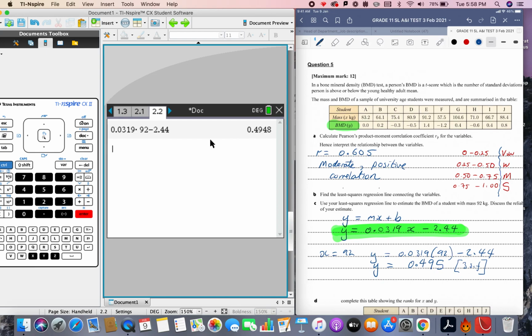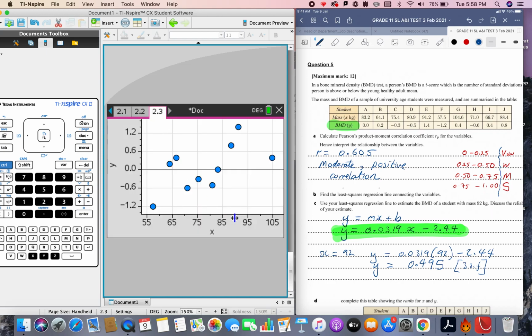And then we're going to look at how reasonable that estimate is. So we're going to check two things. First of all, 92 for kilograms. Are we allowed to use 92? If we go forward to our graph, well, look, 90 is here, 95 is here, so 92 is definitely within the data that we're using. So we are actually interpolating. So we're okay there, aren't we?